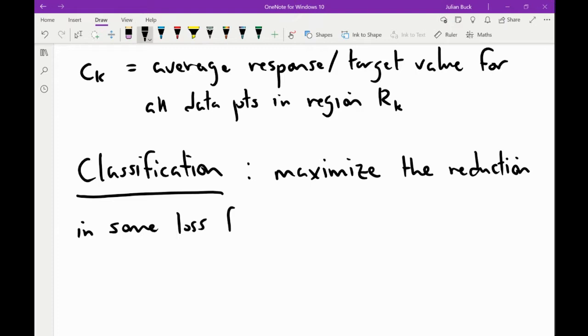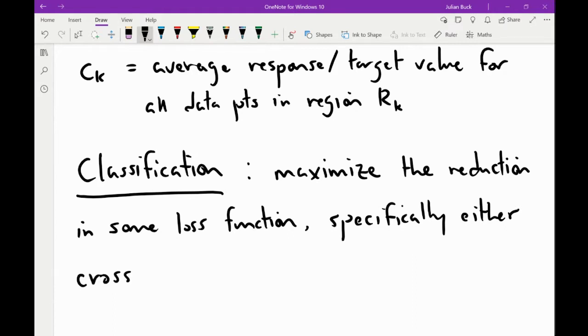There are two main choices that get used. I'd mentioned both of these before, but said we would wait and talk about them, and now we are going to. It's called cross entropy, or the Gini index.